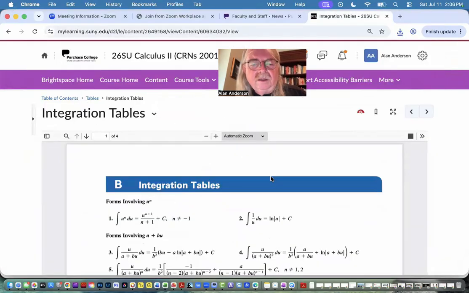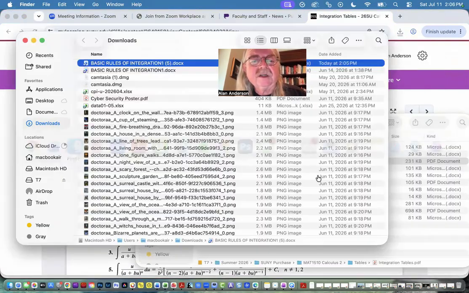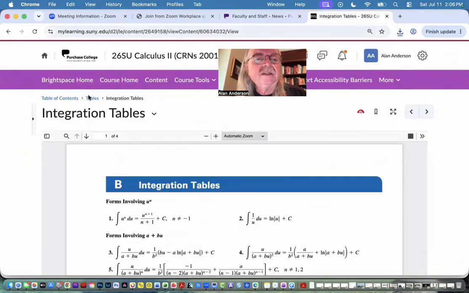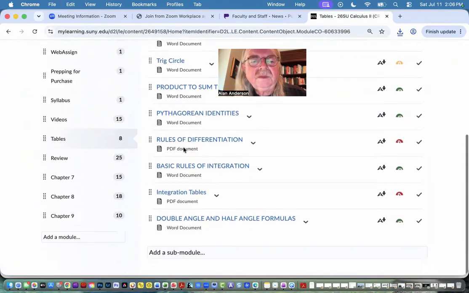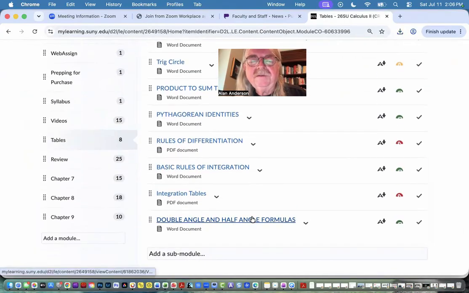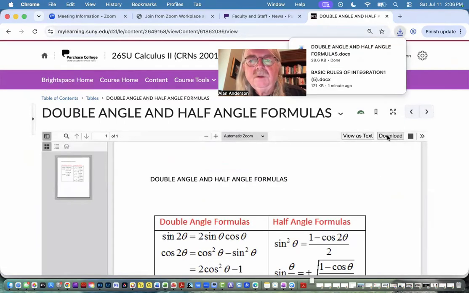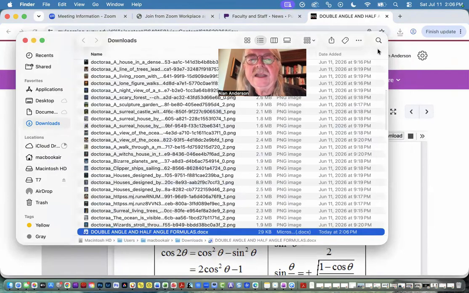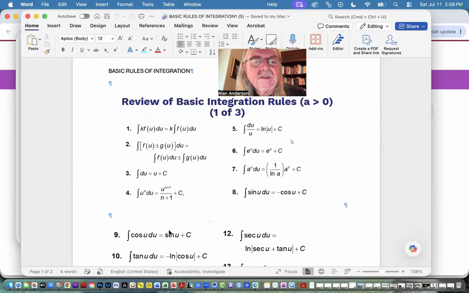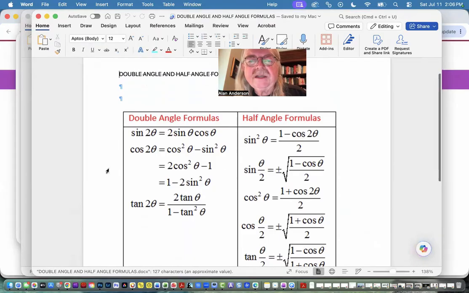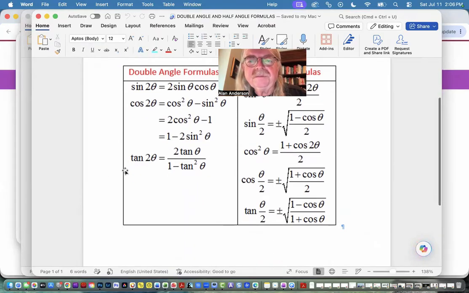But this is the one I just added today because I thought it could potentially come in handy if you do run into a very messy trig expression. Sometimes it's possible to simplify it with these double angle and half angle formulas. Very occasionally, you'll find these very useful. I think we'll need some of them today.